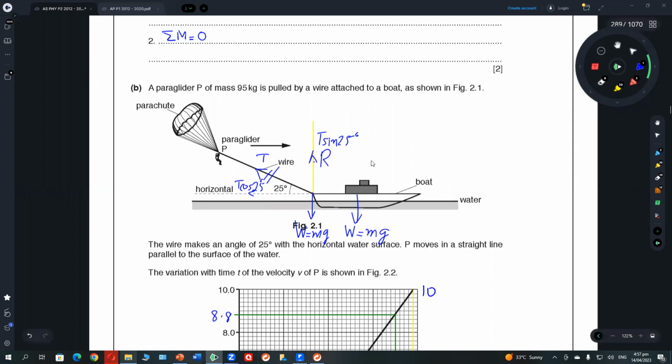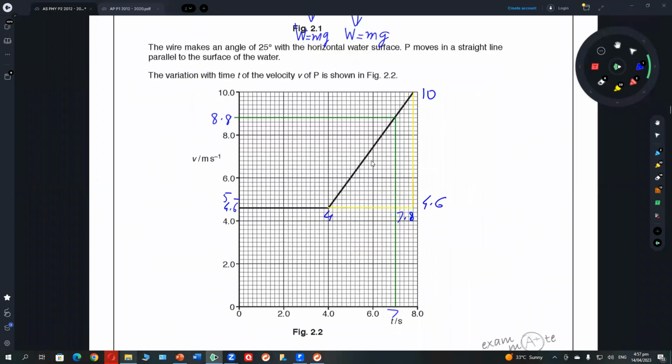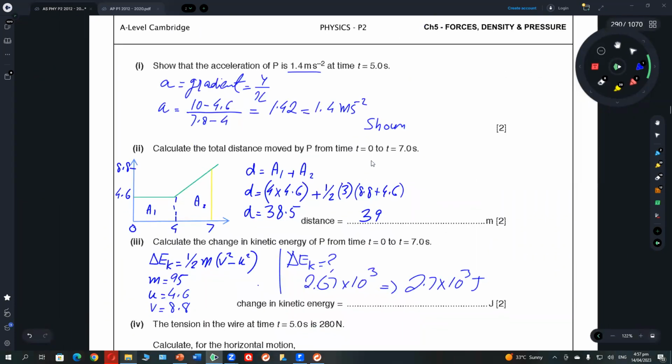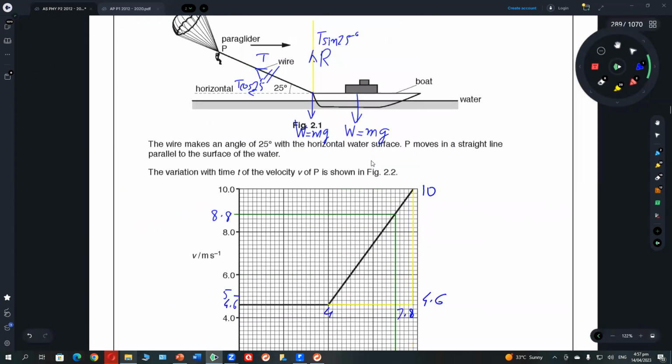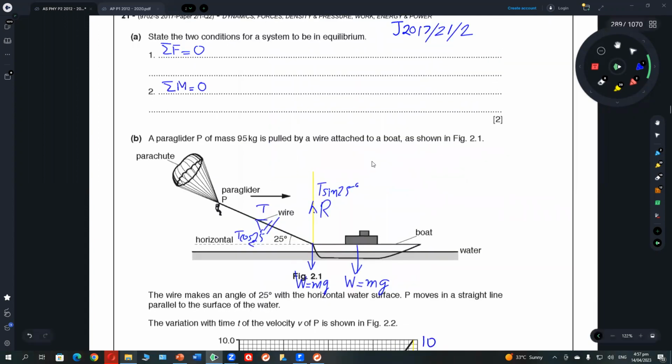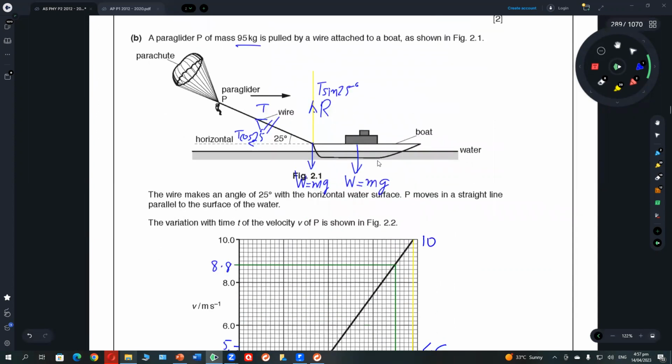Should I take the weight of the boat or the weight of the person? I think he has given the paraglider of mass this, so the weight of the paraglider is 95 g. So that would be the value for R also. R will be equal to W.